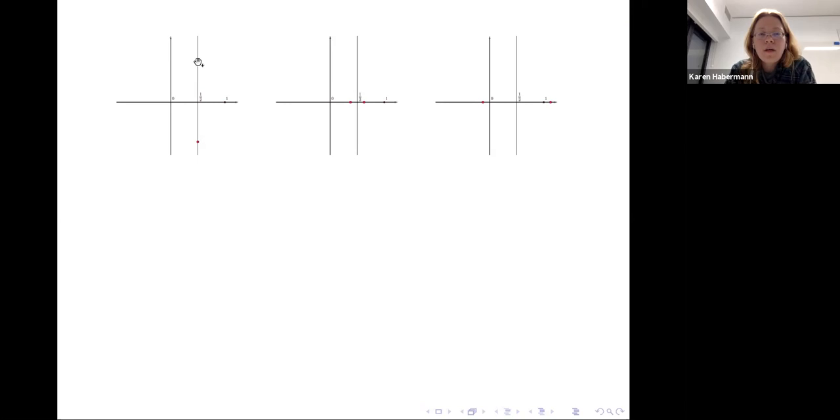They can be complex conjugate, in which case their real part has to be equal to 1/2, because they need to add up to 1. They can be real, in which case they're going to be the same distance away from 1/2. And we distinguish 2 cases, either where both of them are positive or where one of them is negative.